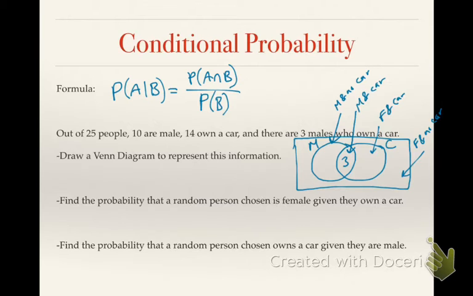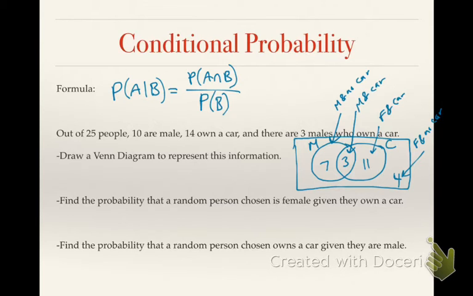Using that information, I can fill out the rest of this diagram. There's 10 males, so there's a total of 7 males who don't have a car. It is a total of 14 people who own a car, so therefore 11 people who are female own a car. And if I add all that up, I get to 21, which means I have 4 left over for a total of 25.